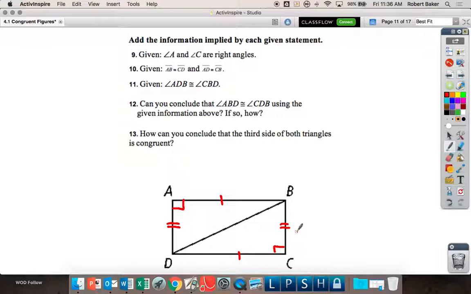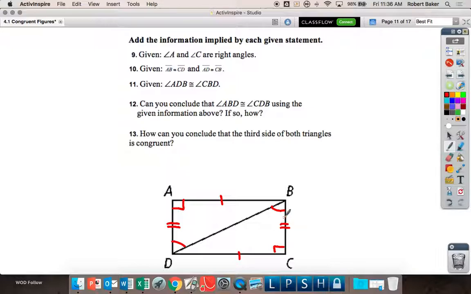Number 11. ADB, that's this angle right here, is congruent to CBD. Is there enough information given to prove that those two triangles are congruent? Yes.